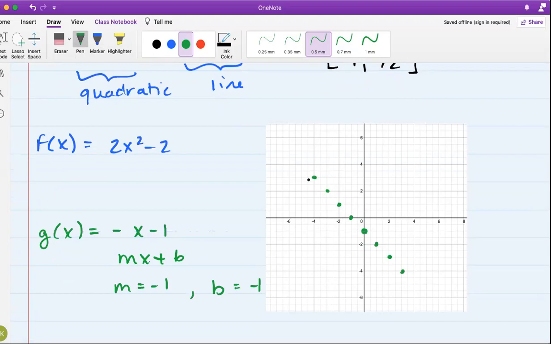I'm just going to draw a bunch of points and maybe do some slashes like this because I have a hard time drawing straight lines. So this is the function g of x.